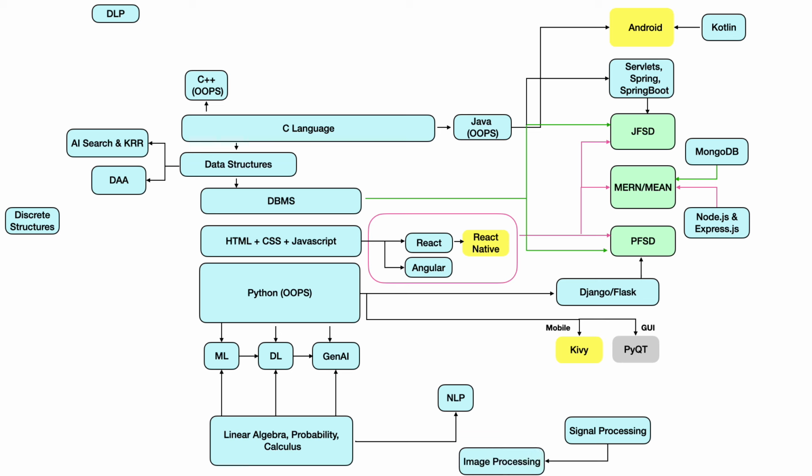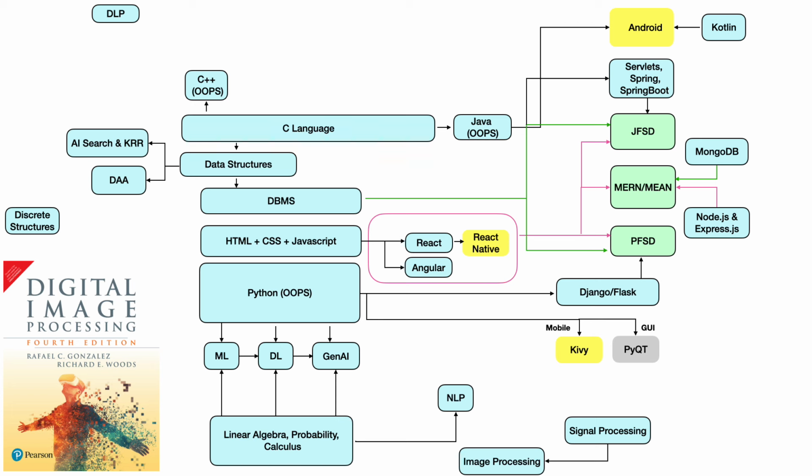And a two-dimensional version of signal processing is image processing, where we study the two-dimensional Fourier transform, two-dimensional convolution, and also concepts like two-dimensional DCT and various other concepts.